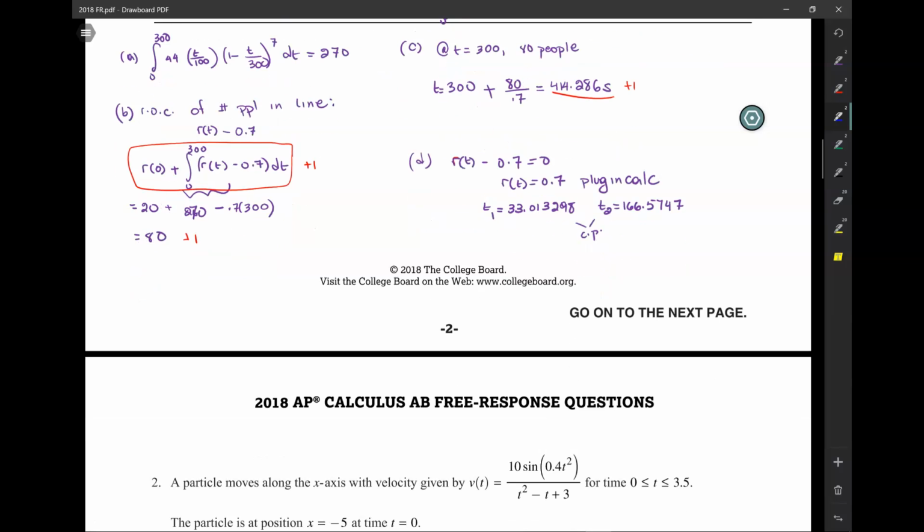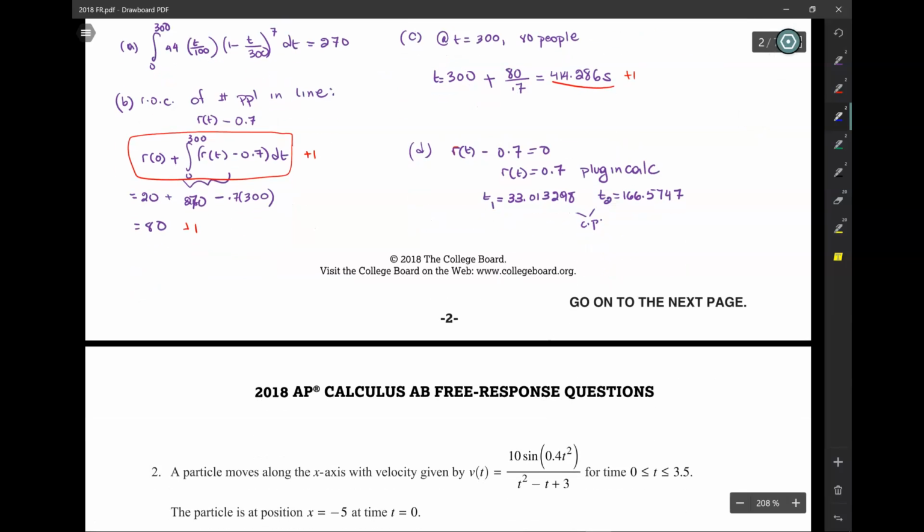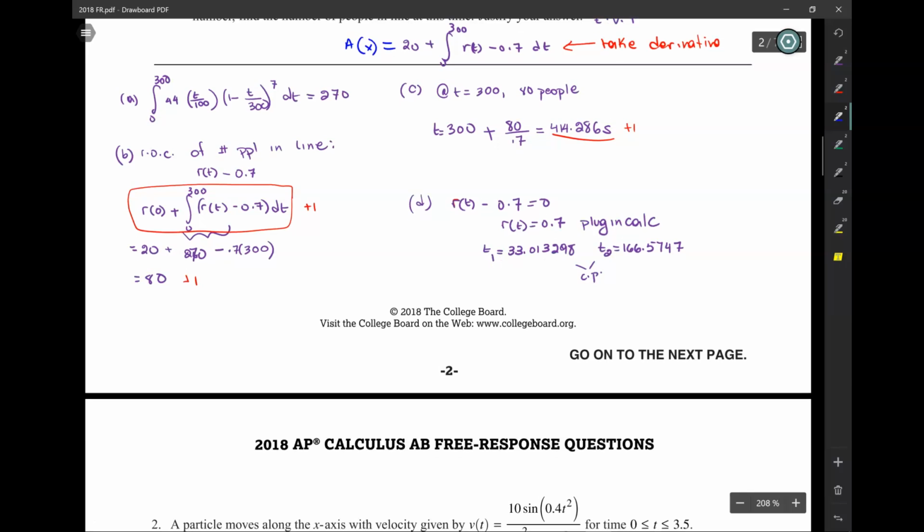For the extreme value theorem, you want to evaluate A of 0, A of 300, these are your endpoints, and then A of 33.013, A of 166.574.